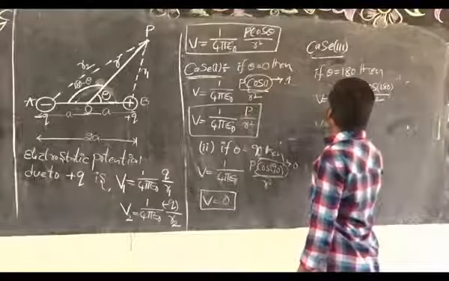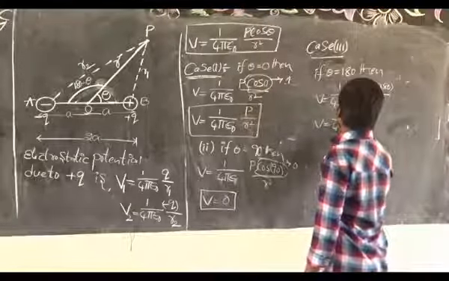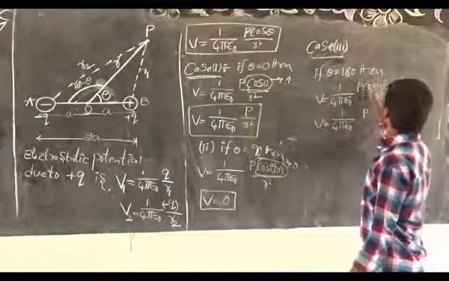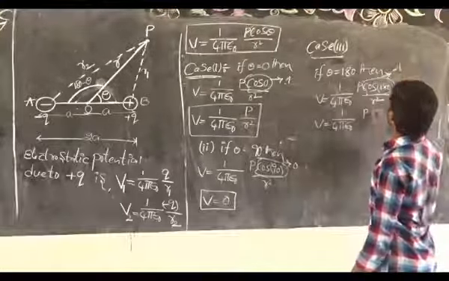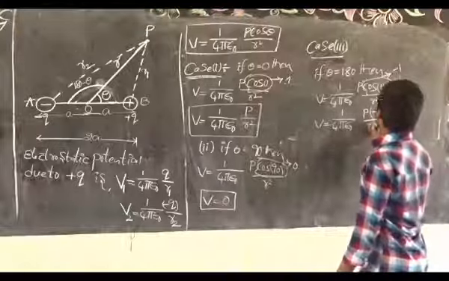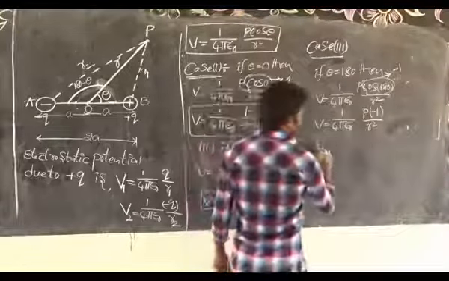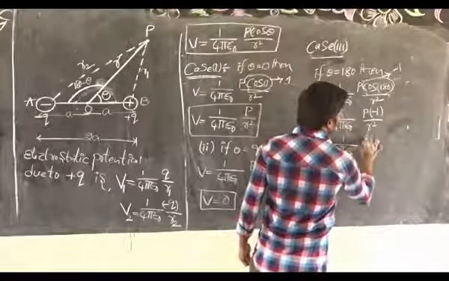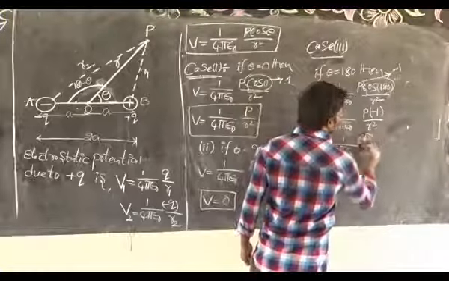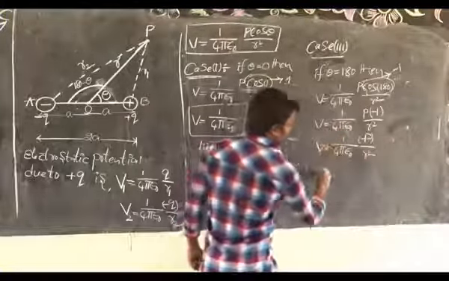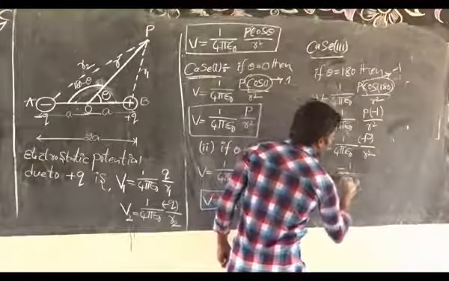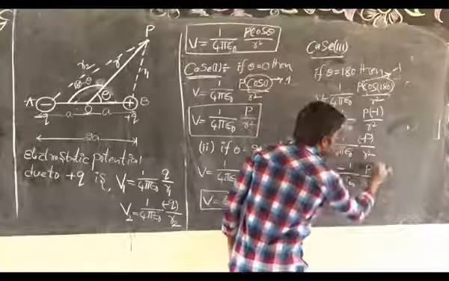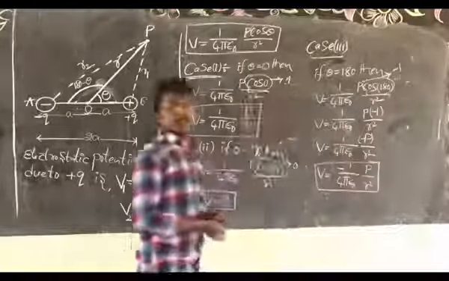So V is equal to 1 by 4 pi epsilon naught into P into cos 180 value, which is minus 1, by r square. I am writing this minus in front. V is equal to minus 1 by 4 pi epsilon naught into P by r square. This is the third case of the electrostatic potential.